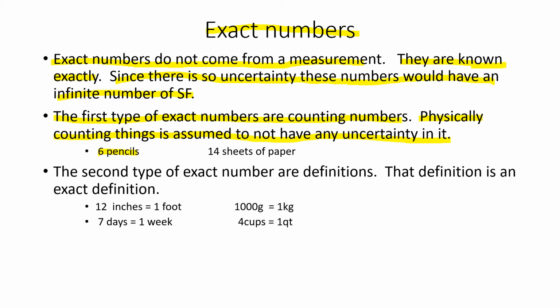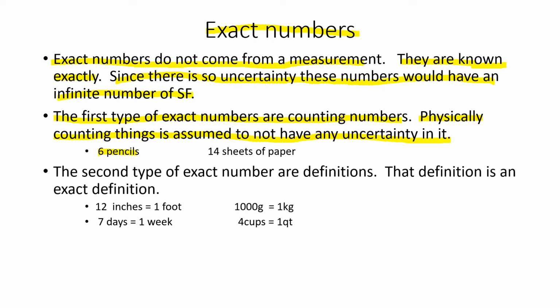We physically were able to count those 6 pencils. We're not looking at one significant figure here for the 6. It really has an infinite number. We don't write 6.000000000 because that gets very cumbersome. Instead, we recognize, hey, that was a counting number. That's going to have an infinite number of significant figures.